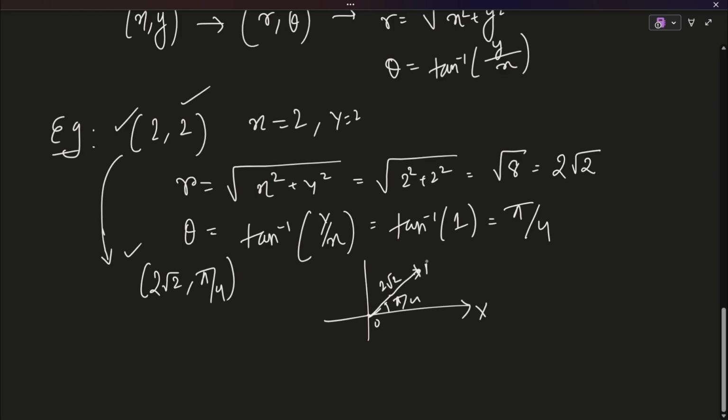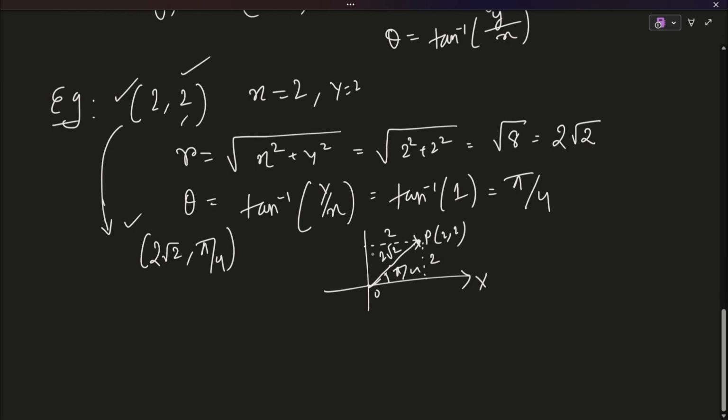And wherever you reach, that is your required point, which should be 2 comma 2 in Cartesian coordinates. When you reach that point, you can see that its distance horizontally from the origin is 2 units, and its height vertically from the origin is also 2 units. So these are the changes between two different coordinate systems, and we are going to use them frequently.